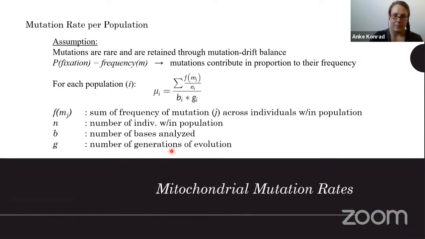This way, you essentially take into account that the mutations that arise have a likelihood of going to fixation that is equal to their current frequency in the population. And you avoid overestimating your mutation rate in these mitochondrial genomes.